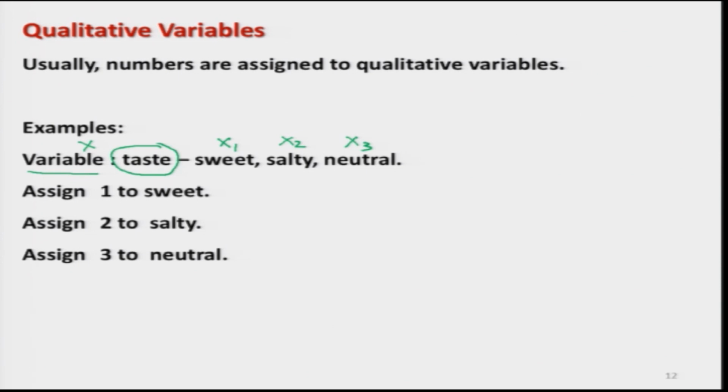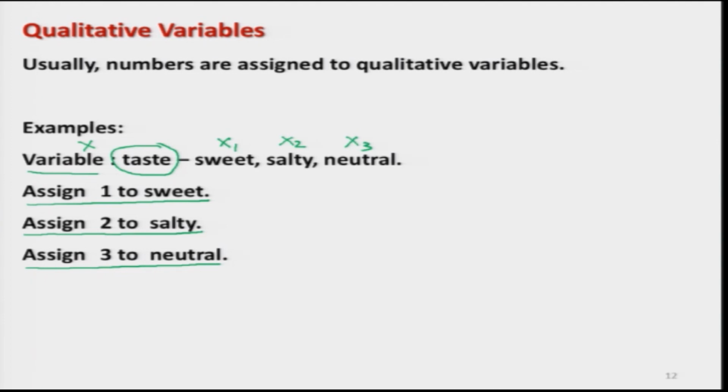What I will do is associate a number with these 3 indications. Suppose I decide to assign 1 to sweet, 2 to salty, and 3 to neutral.